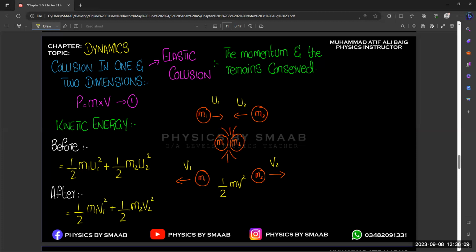We use the same equation, but you will get different results. Initial energy will be different from your final energy. Definitely your initial energy will be greater, because after collision they lose their energy as thermal heat, in friction, or in other types of energy. So your final kinetic energy will be less than the initial energy, right?